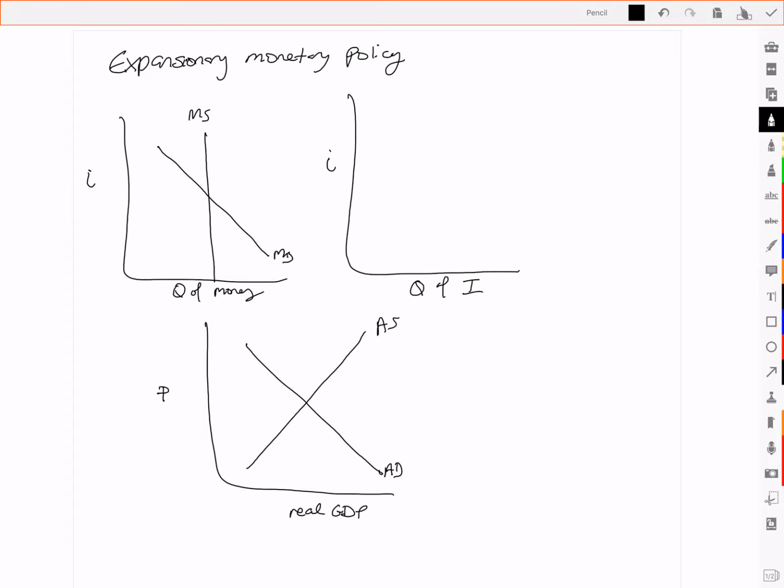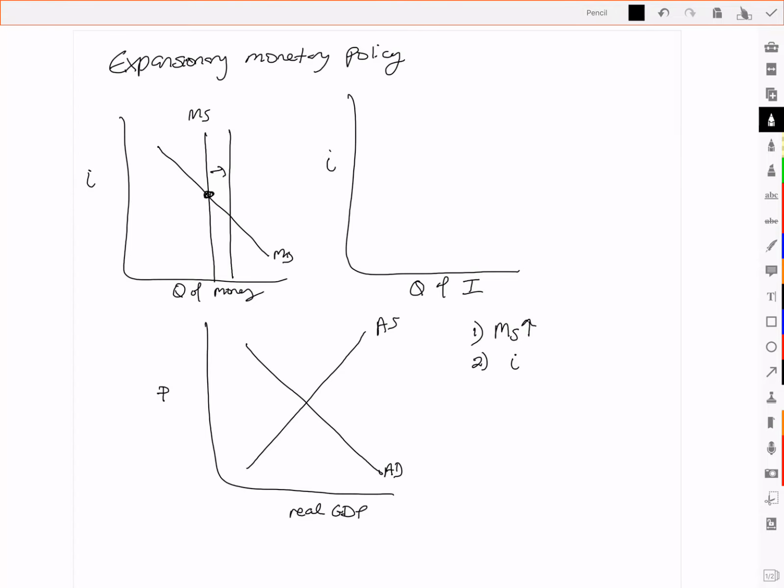All right, so expansionary monetary policy. Expansionary monetary policy means that the money supply is increasing. So let's increase our money supply, and that's a shift to the right. And we know that when we increase the money supply, what happens to interest rates?